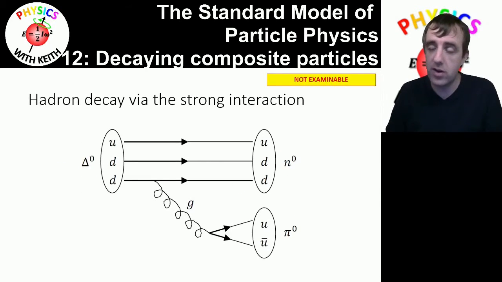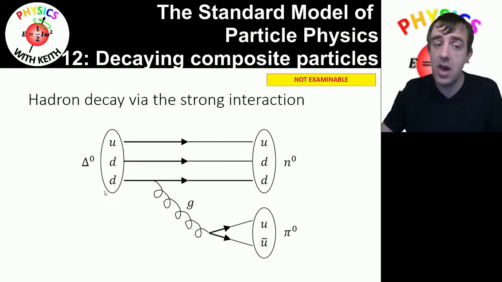So here's a few more examples. A delta 0 decaying into a neutron. It decays into a neutron because one of those gluons just happens to decay into an up quark and an up antiquark, the two of which form a pion. This has reduced the energy of this delta 0 particle, so it's a neutron.